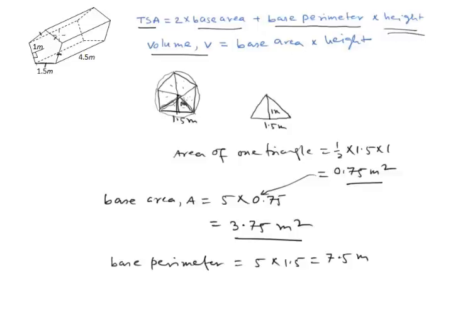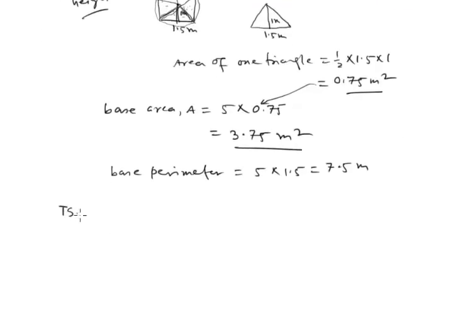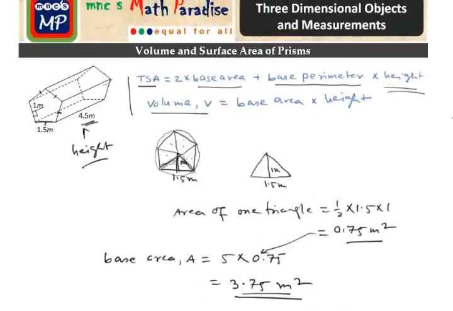Now the height of the prism. This is one pentagonal face, this is another back pentagonal face. The distance between these two pentagonal faces is 4.5 meter, so this is the height of the prism. So the total surface area is 2 times base area, which is 3.75, plus base perimeter 7.5 times height of the prism, which is 4.5.